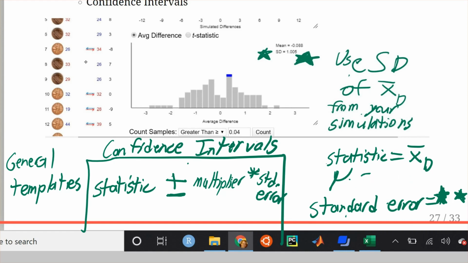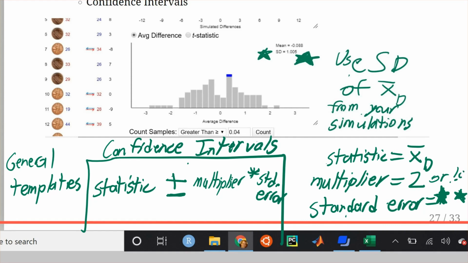Well, what is our sample statistic? Oh, it's x bar with a little d underneath it. Our multiplier, you memorize. A common multiplier is 2.